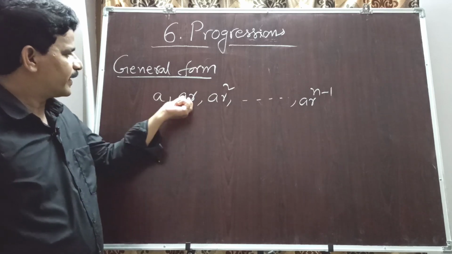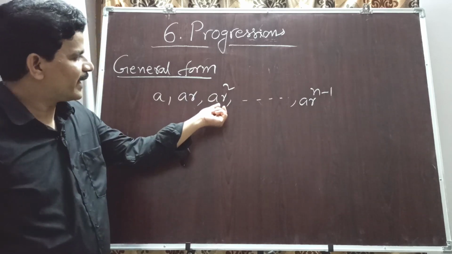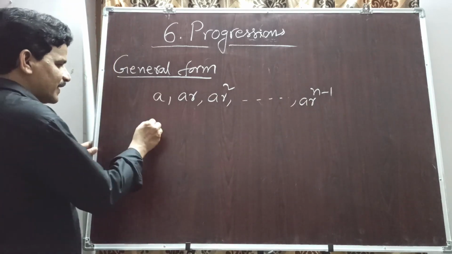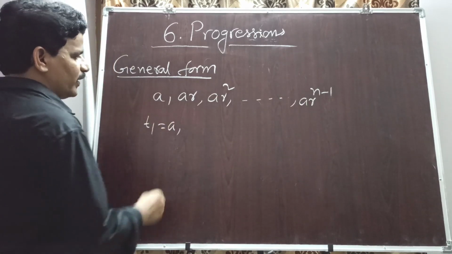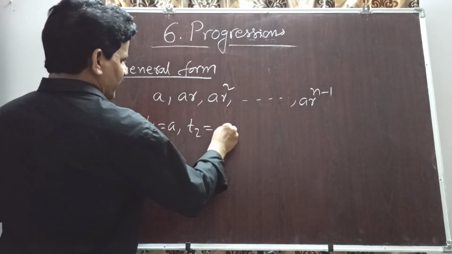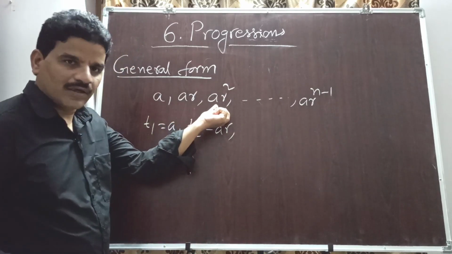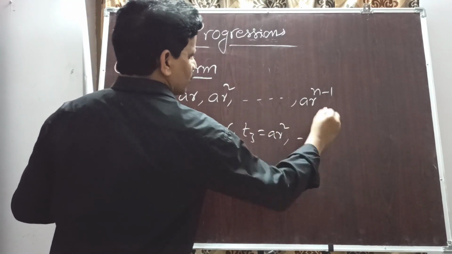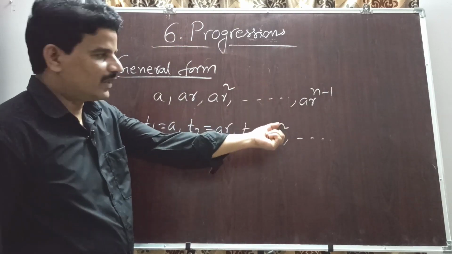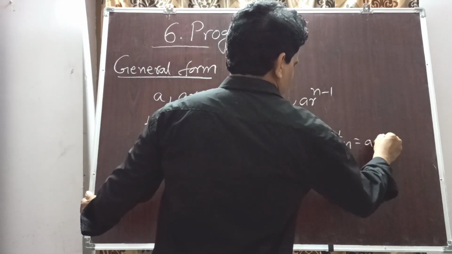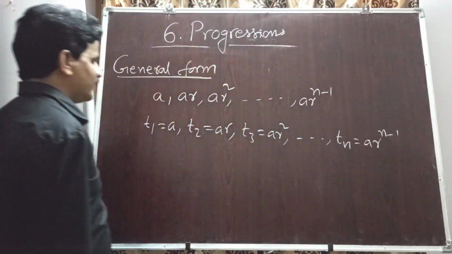This is called the first term, T1 equal to a. This is the second term, T2 equal to ar. This is the third term, T3 equal to ar square, and so on. The last one, or the nth term, is called Tn. Tn is equal to a into r power n minus 1.